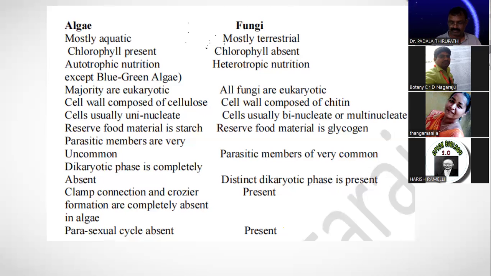Parasexuality was first identified by Pontecorvo in Aspergillus nidulans. Parasexuality is found in Aspergillus nidulans, discovered by Pontecorvo.